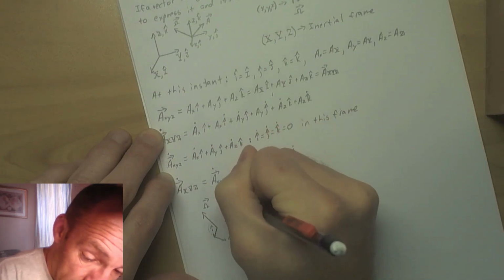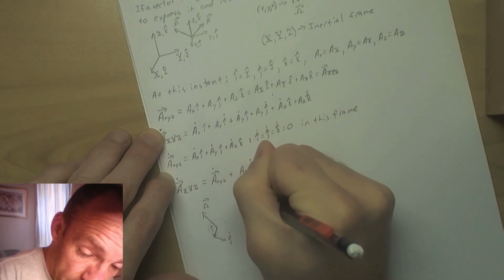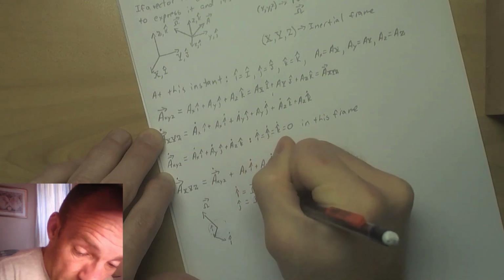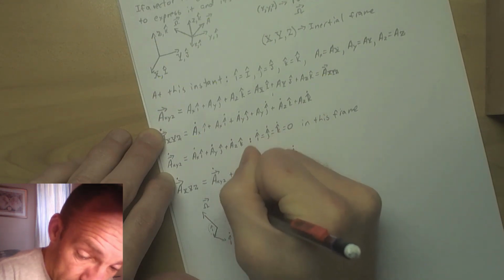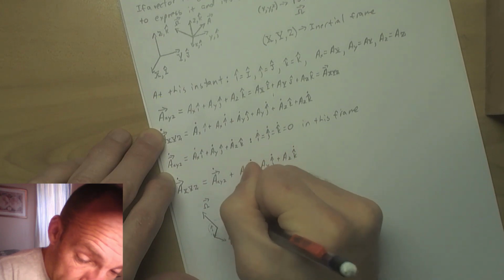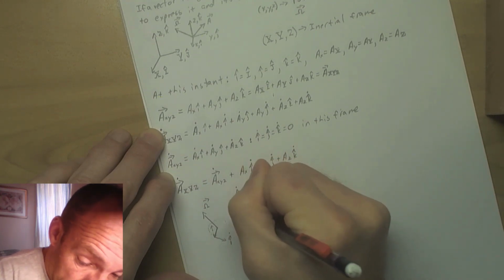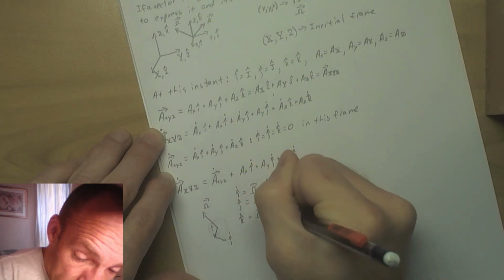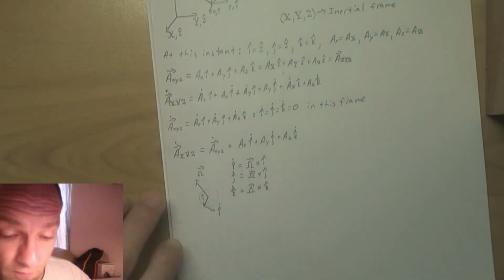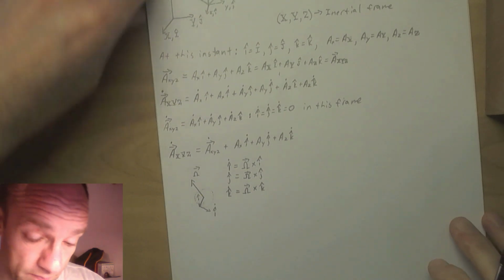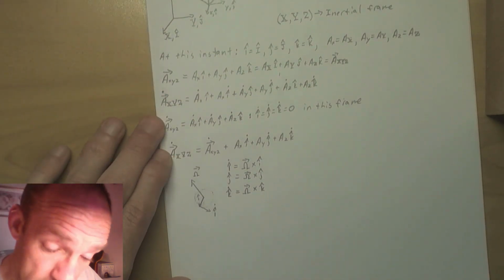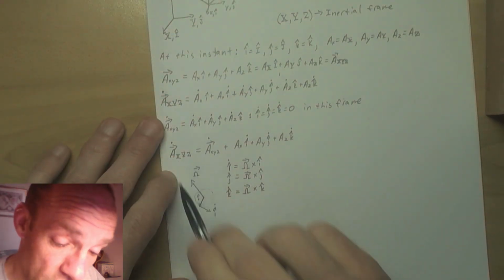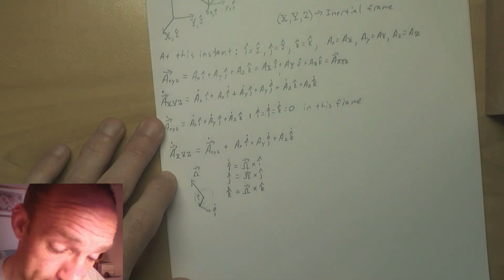So it's just given by the cross product, from the point of view of the inertial frame. Okay.